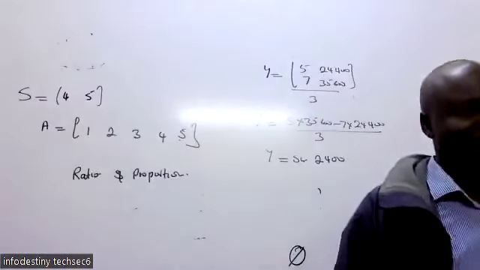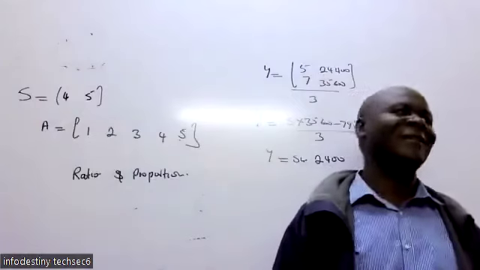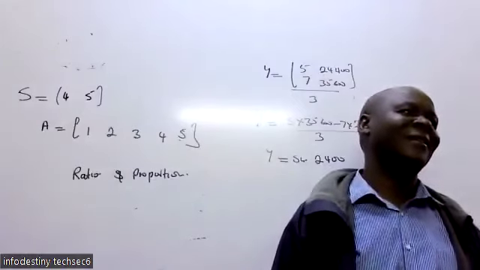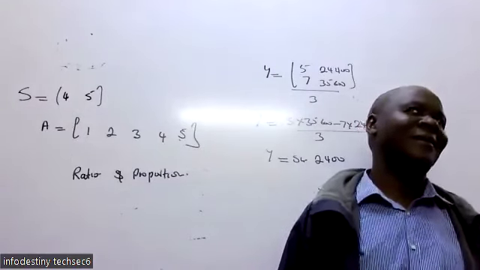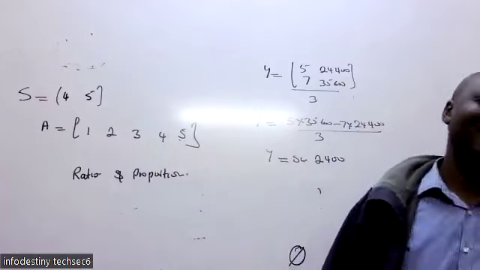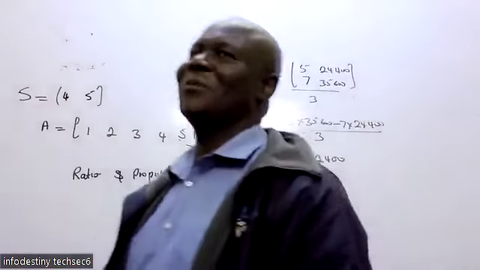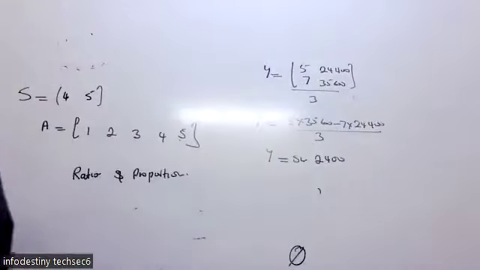Discrete variables. Okay. What's a continuous variable? Jackson?